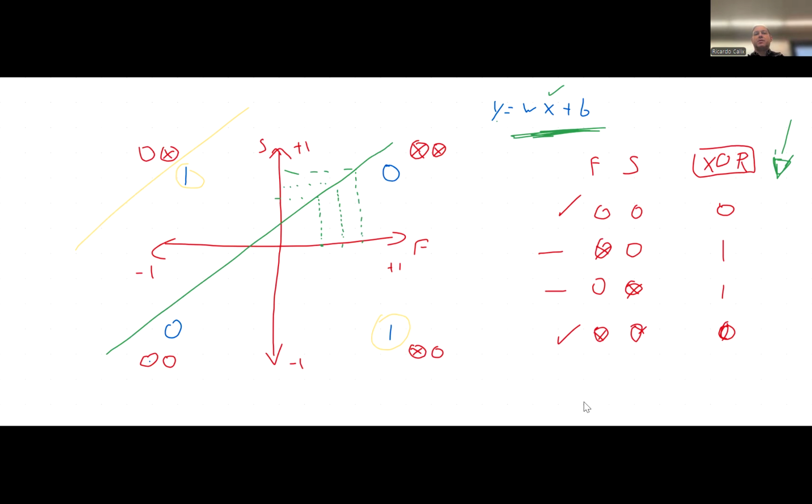Green line has only 1 error. So 2, 1, I minimized it to 1. Make sense? That's the objective of this whole thing. Always, right? To find a function that minimizes the error. Okay? So that's where that's coming from.